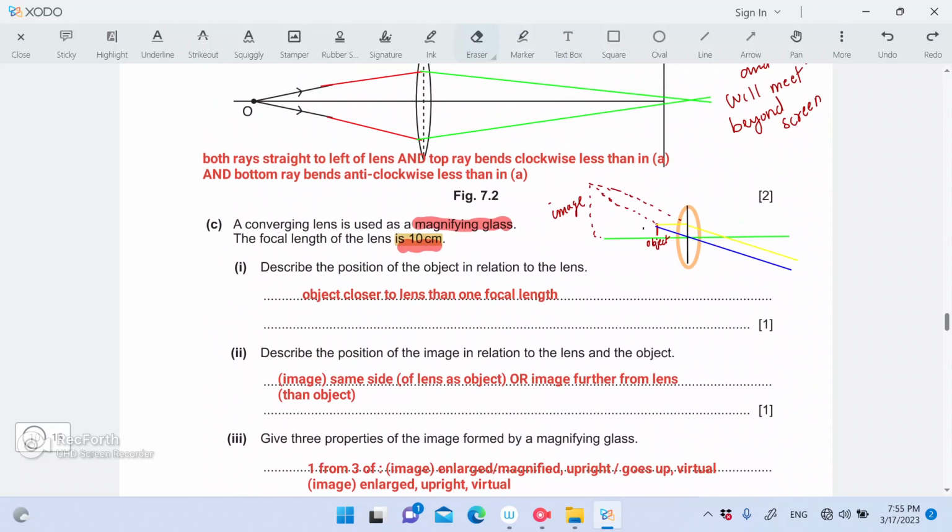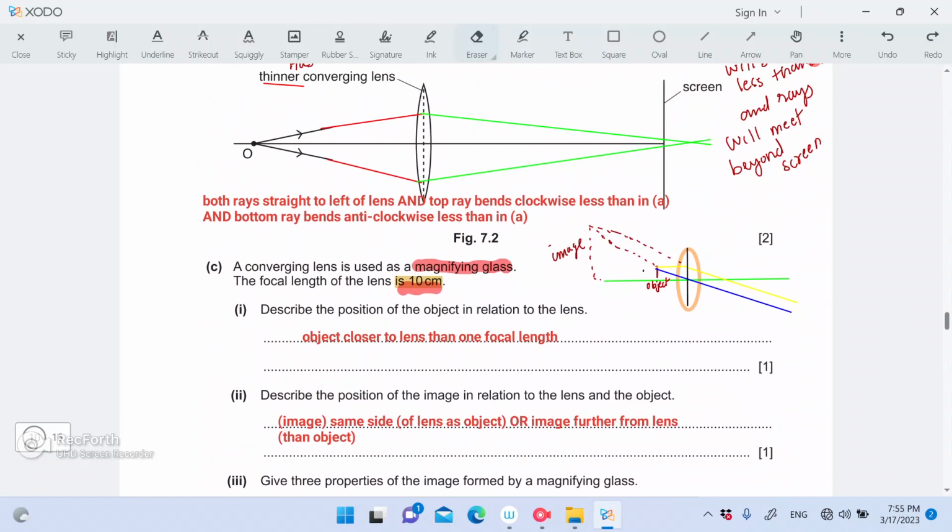Then describe the position of the image. The image will be on the same side of the object.